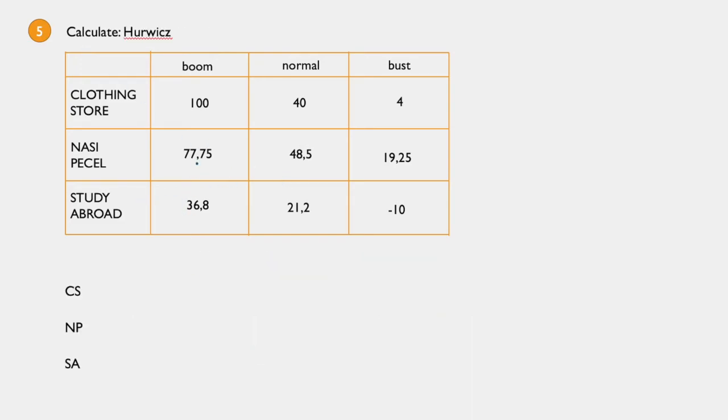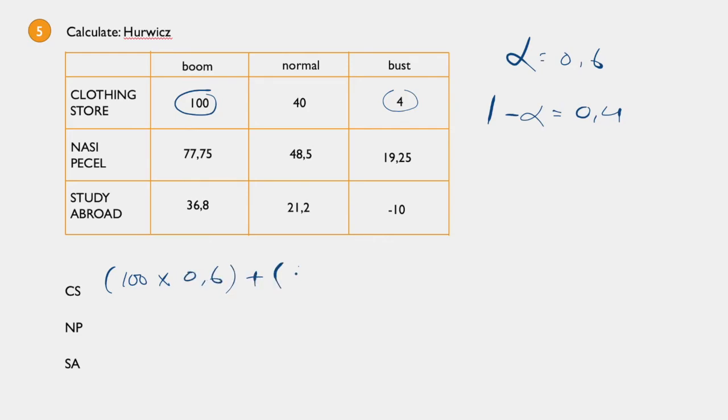Next, Hurwicz. So on Hurwicz here, we know that the alpha is 0.6, and because of this, 1 minus alpha will be 0.4. Okay, first in clothing store, our maximum payoff is 100 and minimum payoff is 4, so it should be 100 multiplied by alpha 0.6 plus 4 multiplied by 1 minus alpha 0.4.